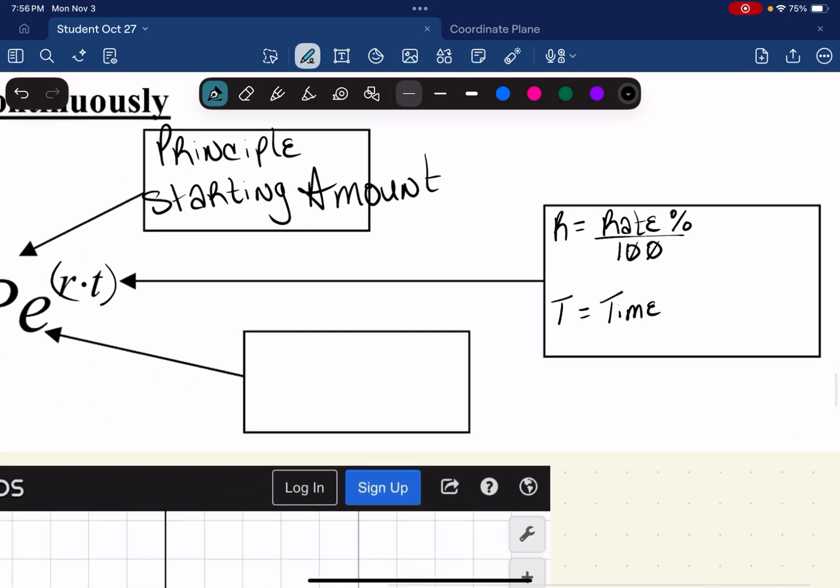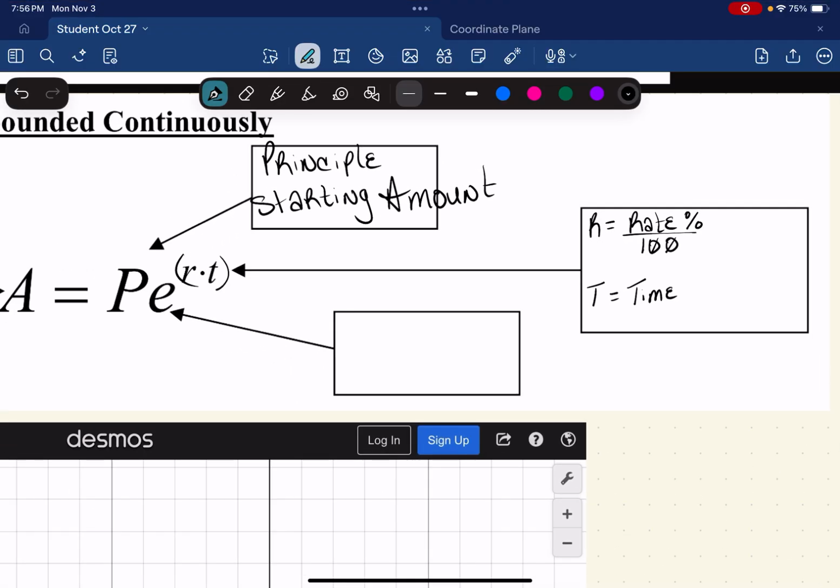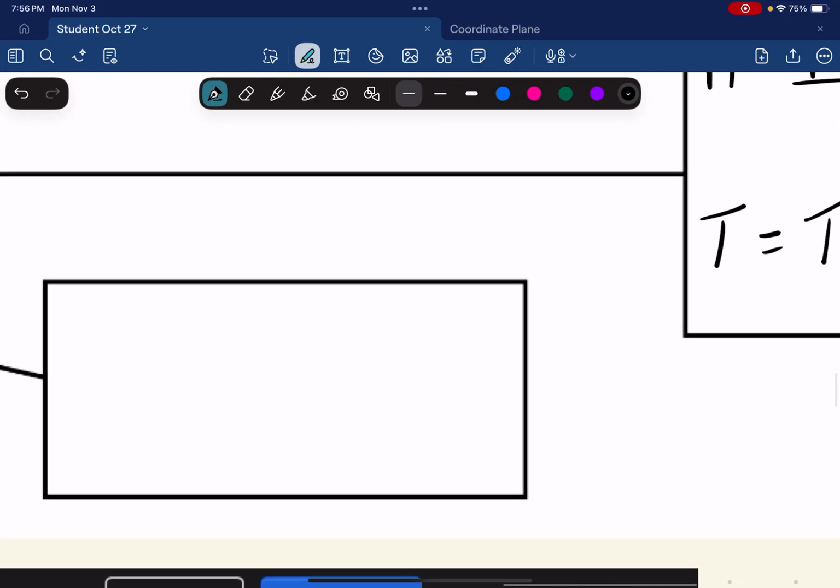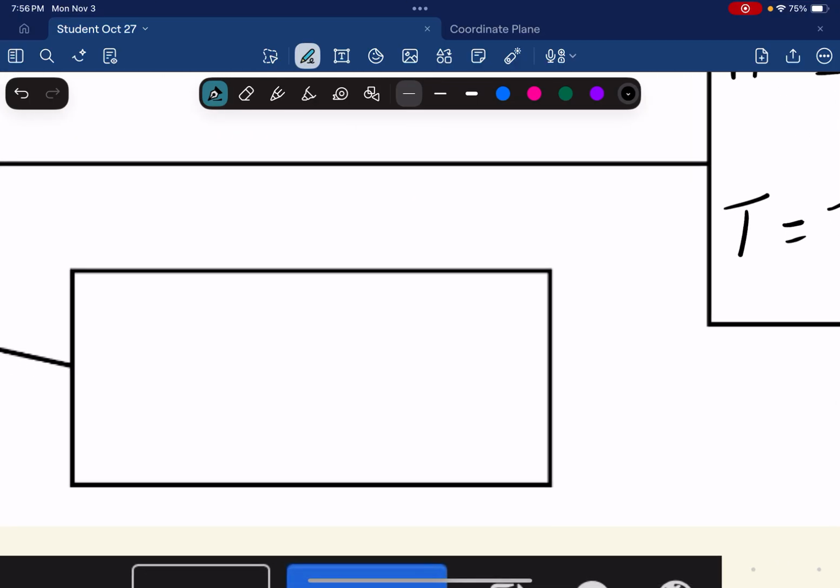Now, E is special. E is only used for compounding continuously, and it is a natural logarithm. So that is like pi. You know pi is 3.14. Well, E, when you type it in a calculator, it has its own meaning as well. But it's a natural logarithm.